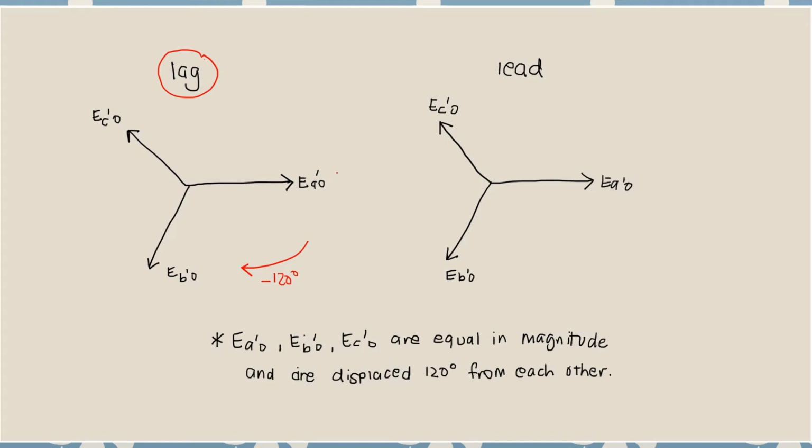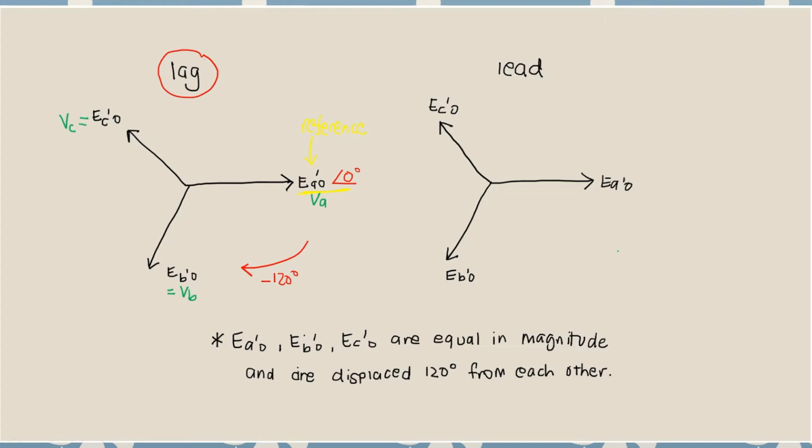Any voltage that starts with 0 degree is always a reference. So in this method, I'm going to say EBO is VB, EAO is known as VA, and also ECO as VC.